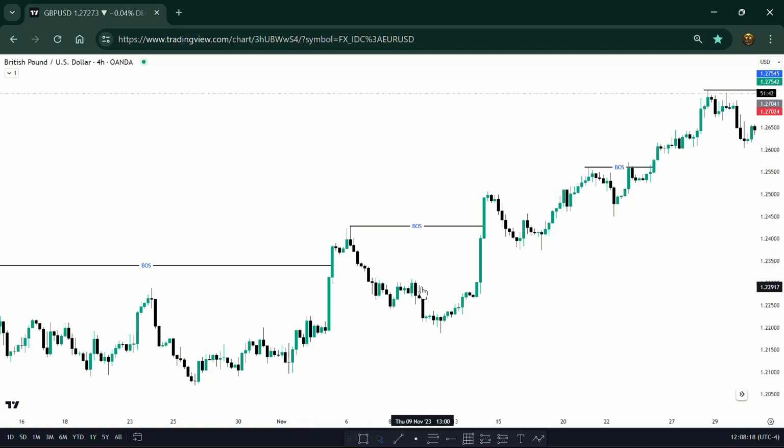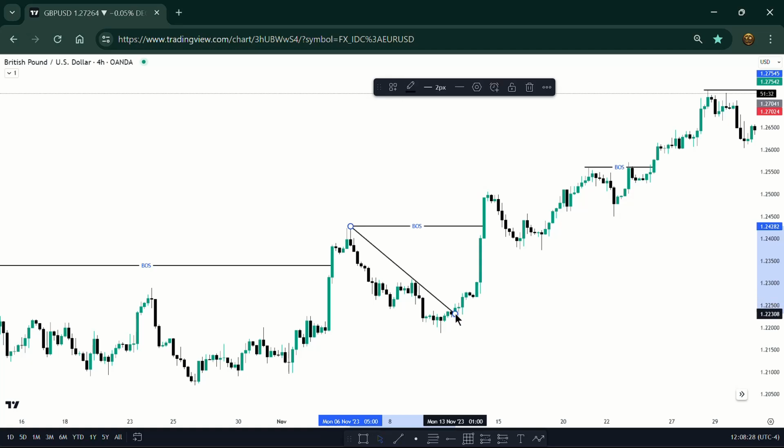There was a break of structure here. Just go to even on YouTube, see how people mark their trend lines. Okay, now if you ask anyone, why do you trade trend lines? What is the idea behind trend lines? They'll start telling you it's because of the buying pressure and the selling pressure.